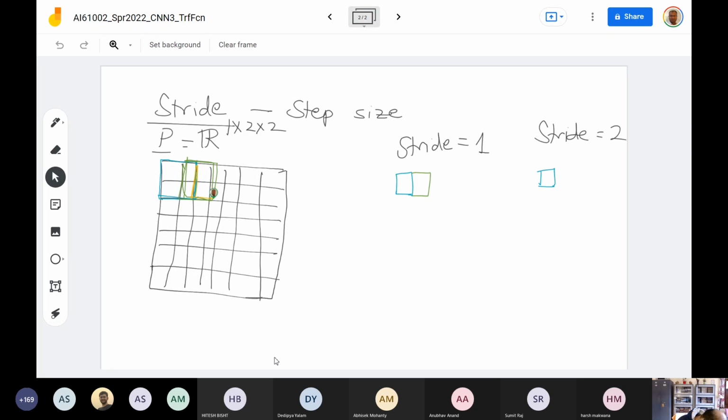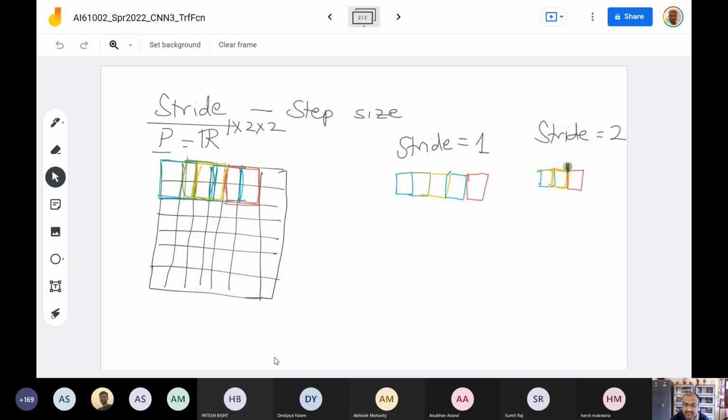If I'm walking with a stride of 2, I would see that the next location which I get is this. Then I have another stride of 1, which comes over here, so I get this location. Then I come to this location, and that is going to be the next element.